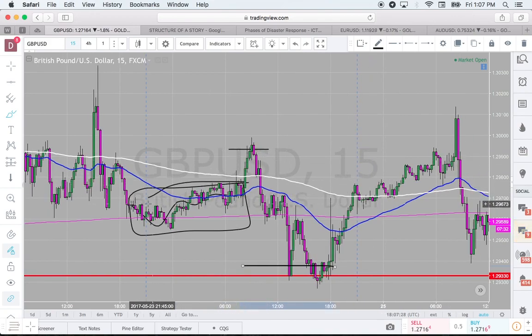So the dealer will start the day in consolidation. London session, the dealer will spike either the high or the low. In this case, the dealer spikes the high, creates the high. What happens here?